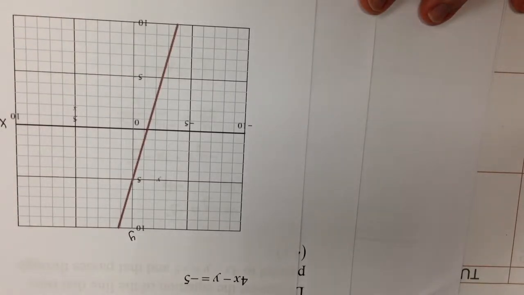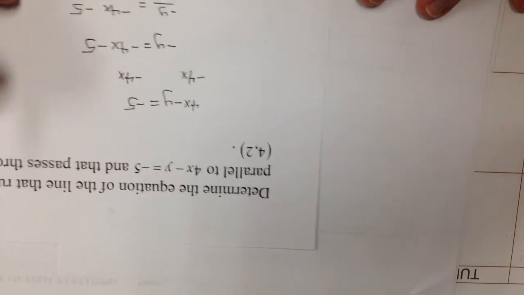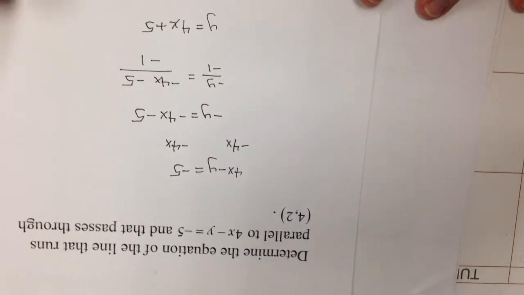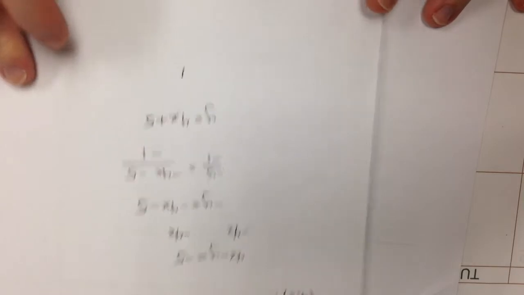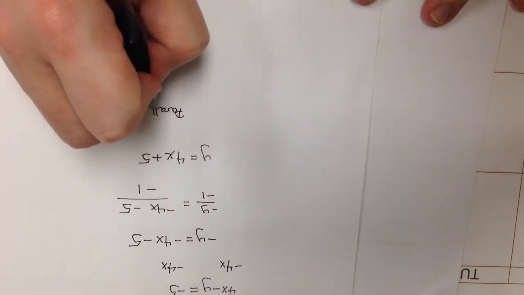Now, for the line that is going to run parallel to 4x minus y is equal to negative 5, and that is going to run through the ordered pair (4, 2). Keep in mind that parallel lines have the same slope.